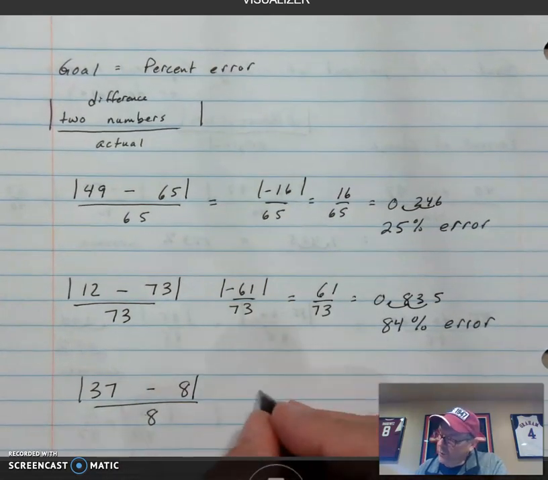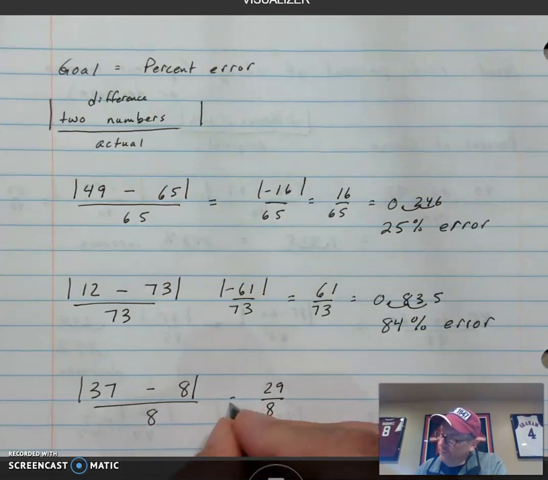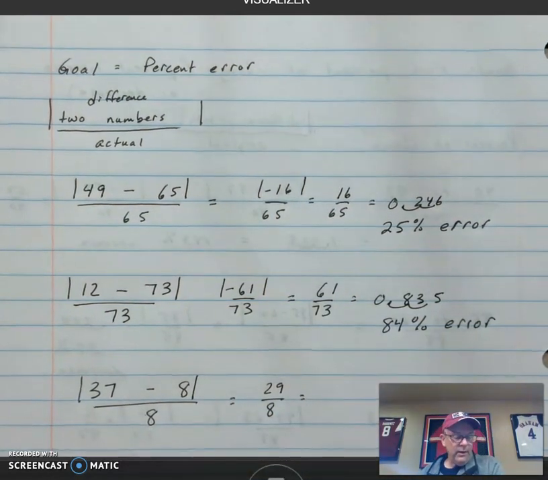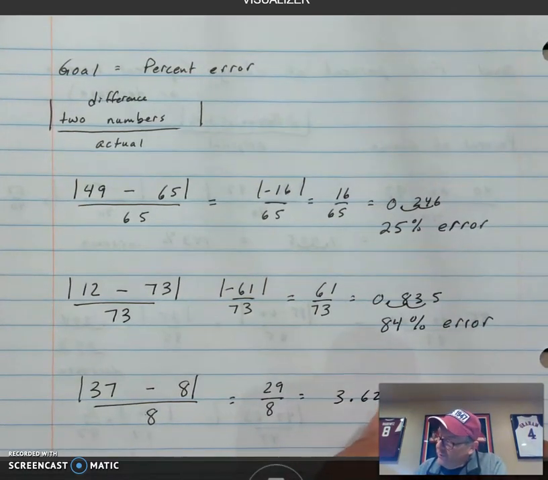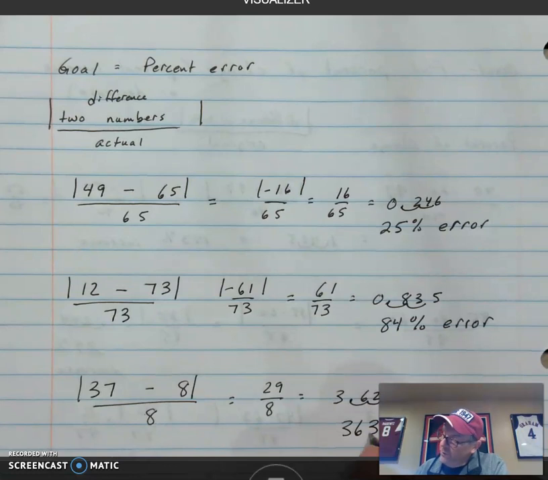So we end up with 29 divided by 8. So 29 divided by 8 is going to give us 3.625. 2 places. So if we round it, you have a 363% error.